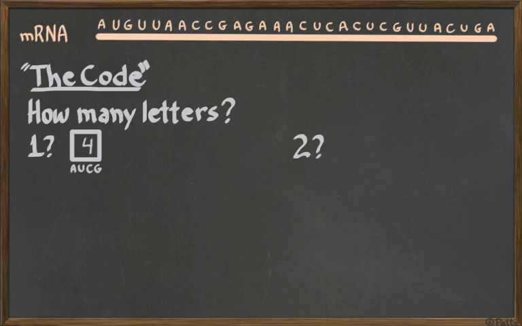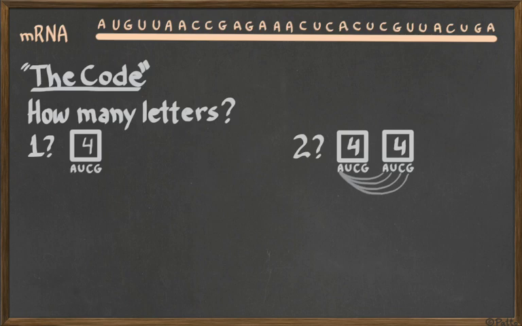So what about 2-letter words? We're going to have there A, U, C, G and another A, U, C, G. That increases the number of possible combinations, because we're going to have 4 on the left, 4 on the right. So I can make AU, AC, AG, UA, UU, UC, UG, CA, CU, CC, CG, GA, GU, GC, GG.